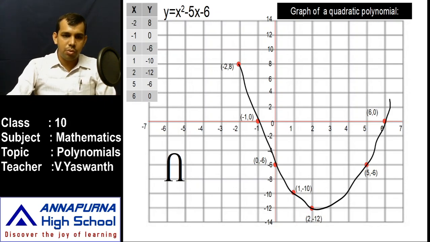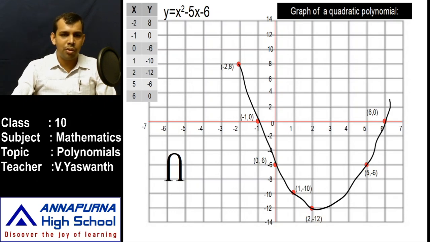So in which cases do we get the parabola like this, and in which cases like this? It is very simple, it completely depends on the coefficient of the highest degree term. In a quadratic polynomial, what is the highest degree term? Yes, that is x square. If the coefficient of x square is positive, meaning its value is greater than 0, the parabola opens upwards. If it is less than 0, that parabola opens downwards.